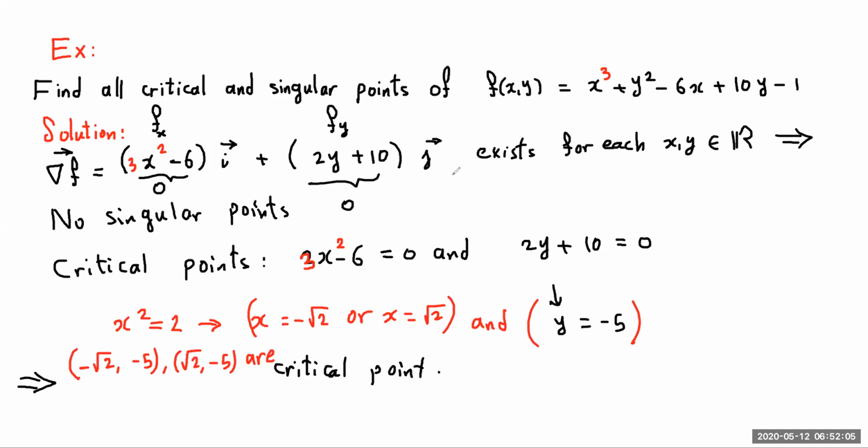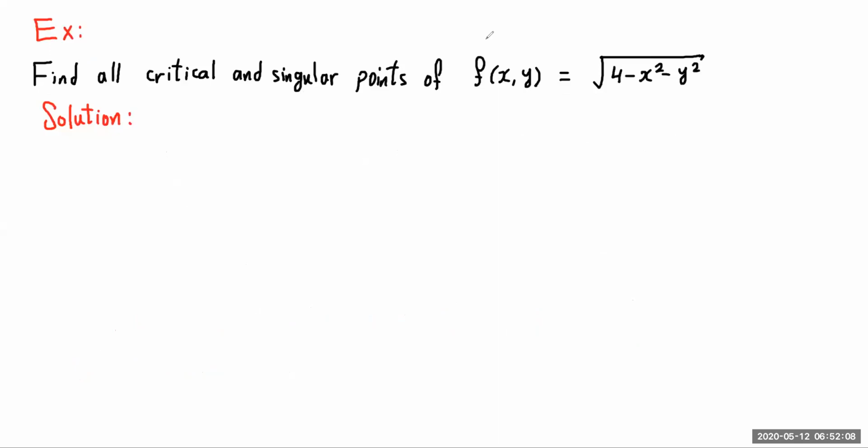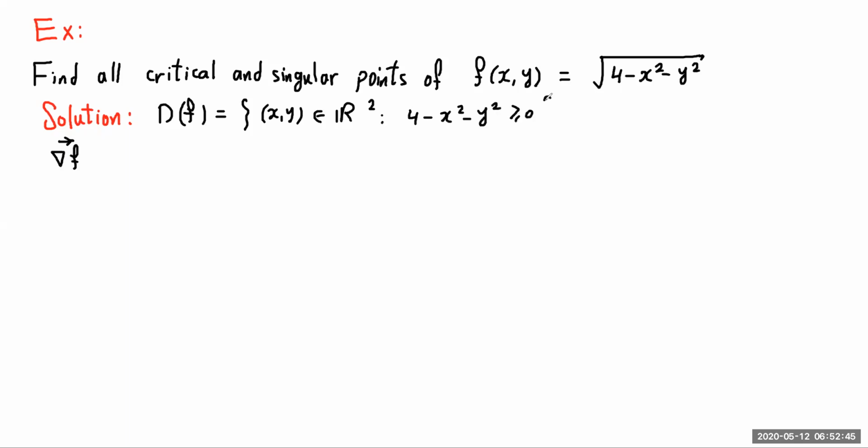Okay, let's take the last exercise here. Find all critical and singular points for the function f(x,y) equal root of 4 minus x² minus y². So here, let's calculate the gradient of the function f. What is the domain of the function f? The domain of the function f is all of the points (x, y) in the plane R² with the condition 4 minus x² minus y² greater or equal 0.